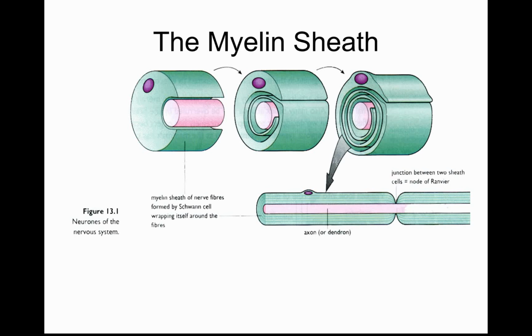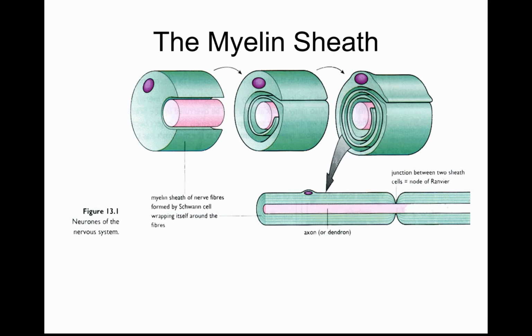Whereas in other parts of your nervous system you have neurons that are not as heavily myelinated. They have fewer Schwann cells growing around them, or they're not myelinated at all. So within your body you have heavily myelinated neurons, lightly myelinated neurons, and some that are called non-myelinated neurons.